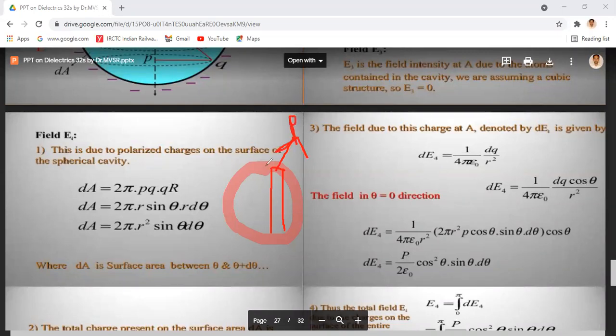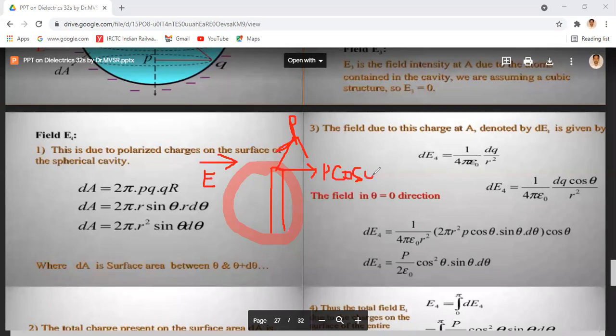So its normal component is P cos theta. This value is nothing but P cos theta, because here the electric field intensity E bar and P bar are both acting.